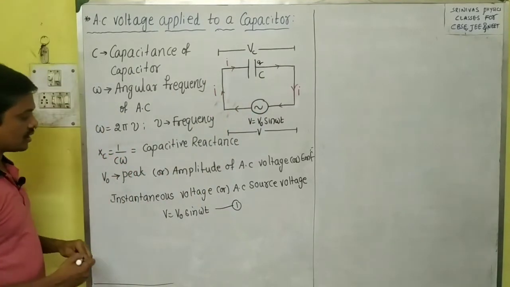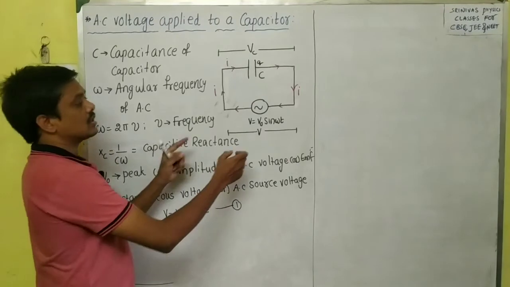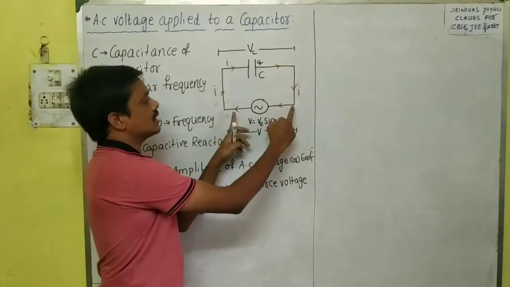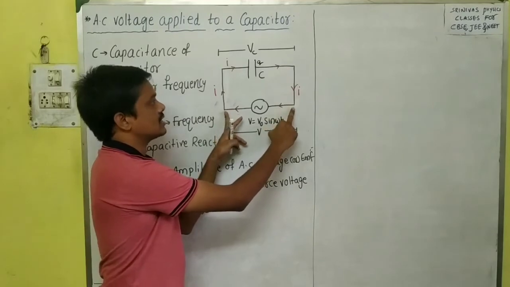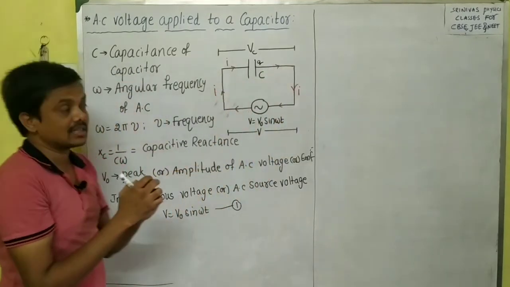Right? For that purpose, the AC source and the capacitor are in parallel combination. According to Kirchhoff's law, or directly we can say, the voltage across the AC source is equal to the voltage across the capacitance.